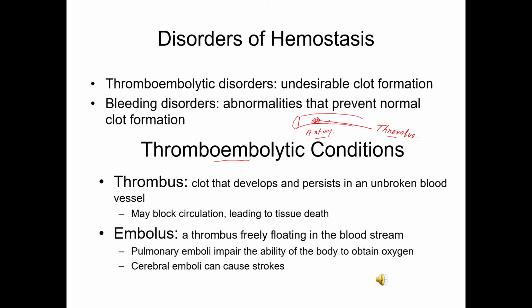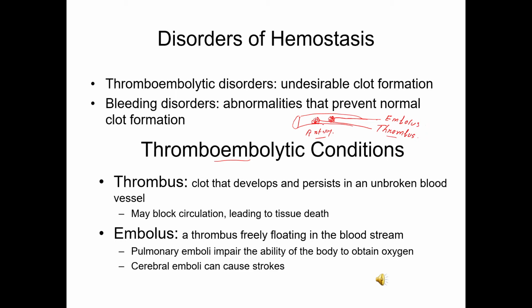Now sometimes what can happen due to the flow of blood, this clot may get detached from the wall. So now this is a floating, freely moving or floating clot in the blood, and this one is called an embolus. Okay, embolus.